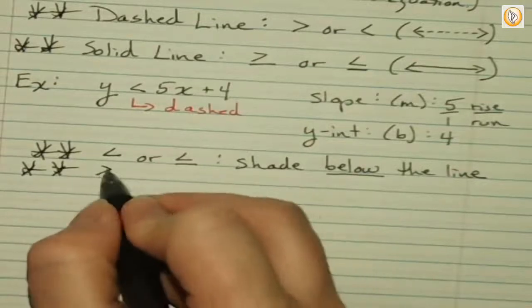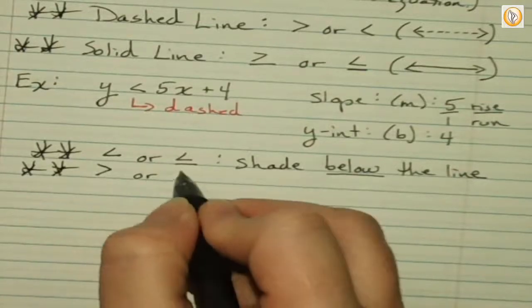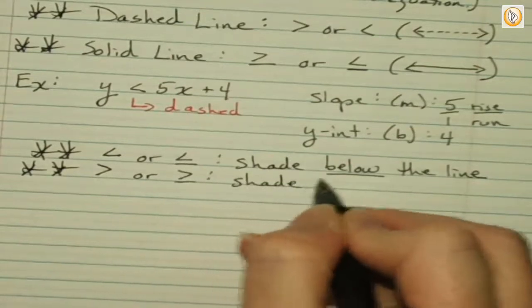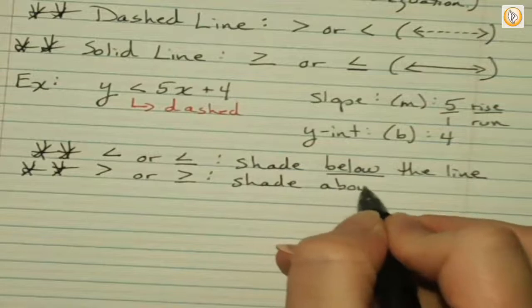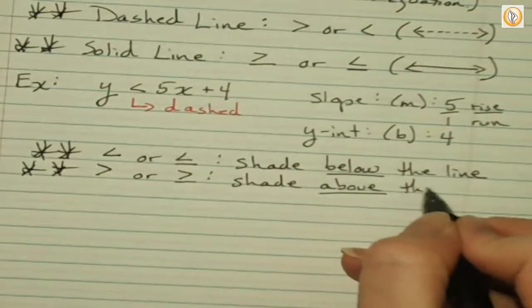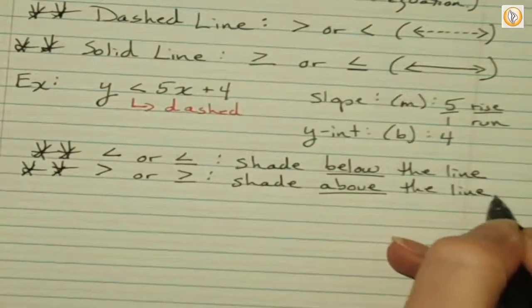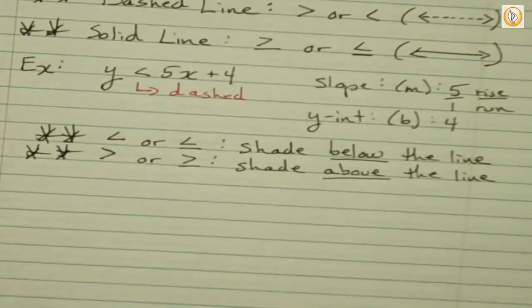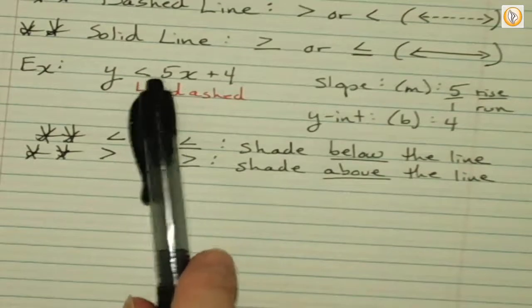If it's greater than or greater than or equal to, you shade above the line.